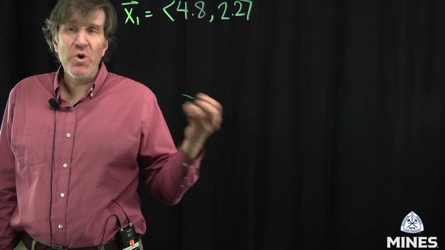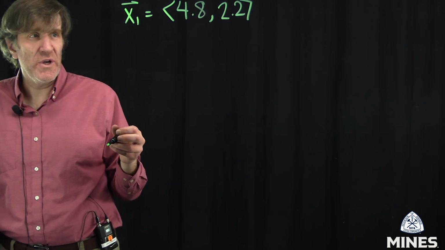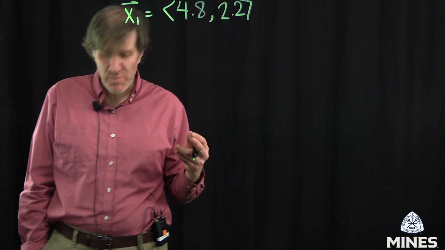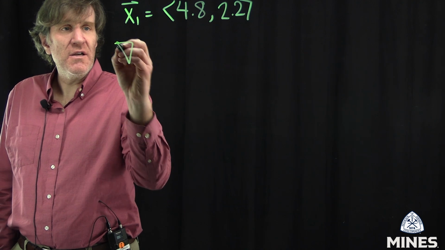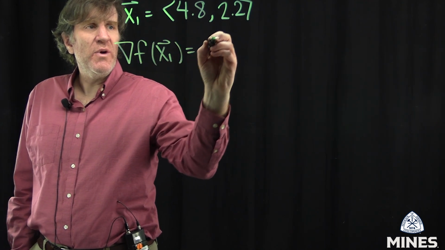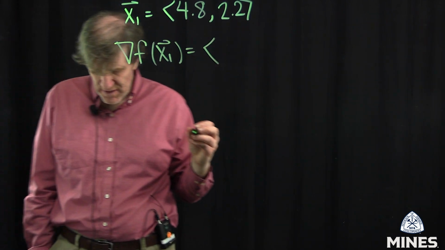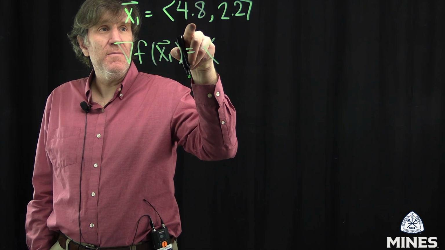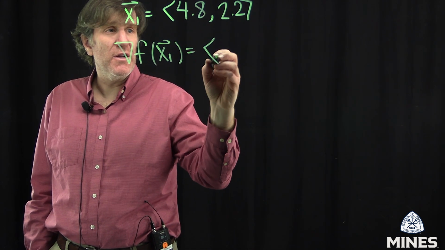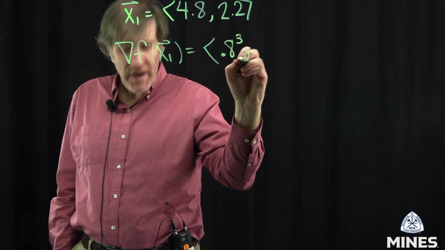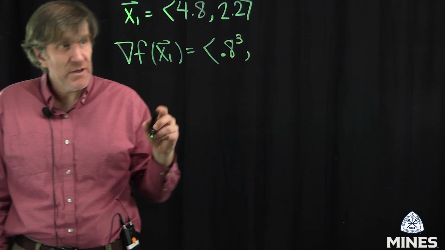To know if we're done with gradient descent, before we move on to the next step, we do want to check the gradient at this point. So the gradient at x1, right, we have the gradient. It is x minus 4 quantity cubed. So 4.8 minus 4 quantity cubed is 0.8 cubed. And then the y component was y minus 3.